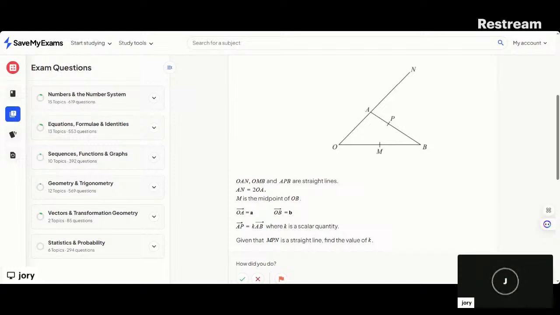MN equals 3A minus 1/2 of B. Let's just write it's MO plus ON.